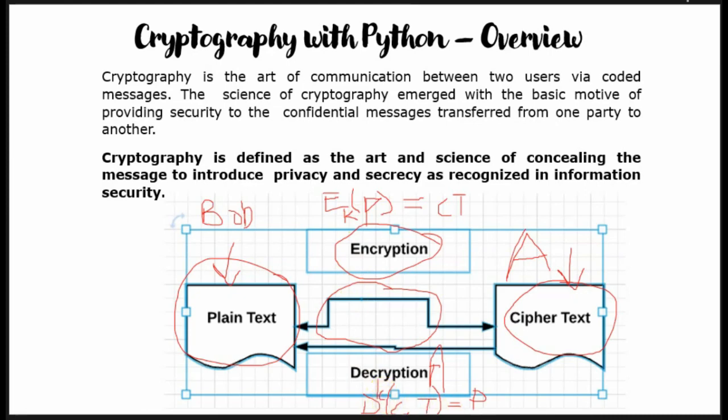One thing you quickly notice is that the key being used is just a single key. So whenever there is a single key in the process of encryption and decryption, we call that encryption mechanism a symmetric encryption.